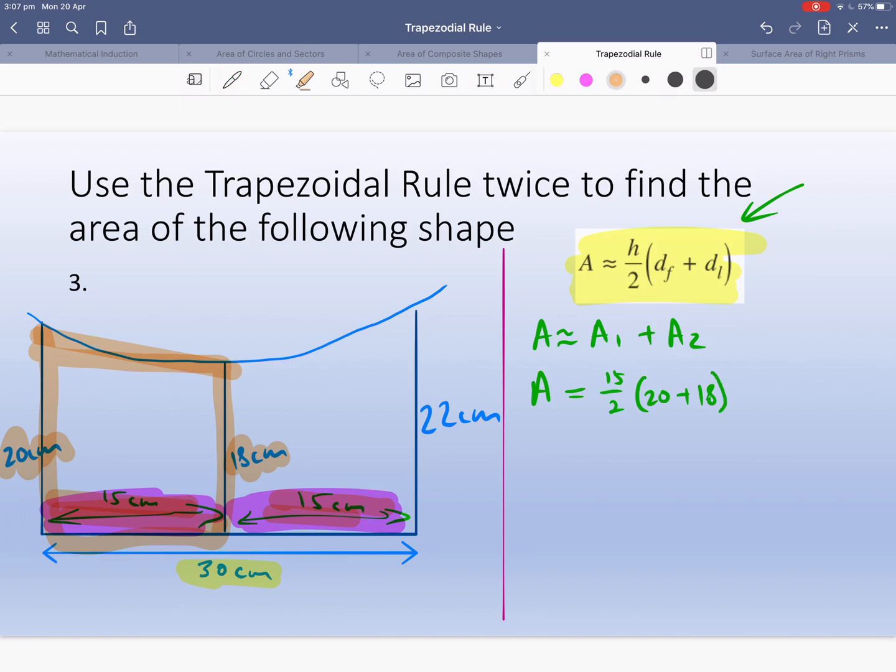So essentially, we've done this guy already. All right, so now it's our turn to do this one. So we're going to go plus. Now the h is the same because it's still 15 and it should always be the same. What's our first function value for this second trapezium of sorts that we're doing here? Yeah, it's 18. Because see, it starts at 18 now.